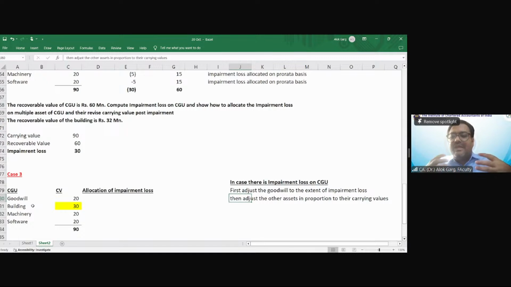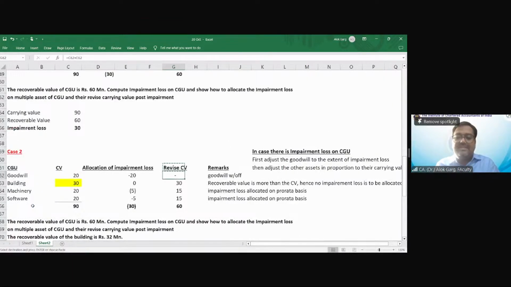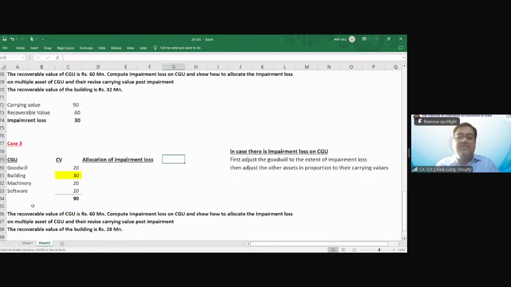It means your present value of cash inflow is not sufficient to meet the present value of cash outflow. If there is a loss, it means you don't have any goodwill. So the standard says that first of all, wipe out the notional asset. So what is the notional asset? The notional asset is goodwill. So first of all, simply minus 20. Goodwill will become 0. This is the guidance given in the standard, right, Prachi?